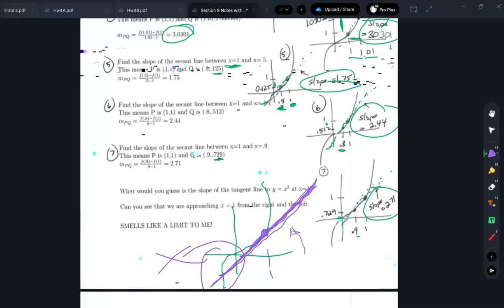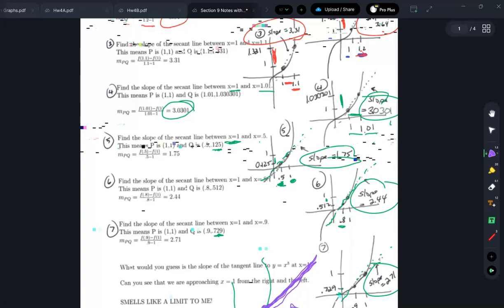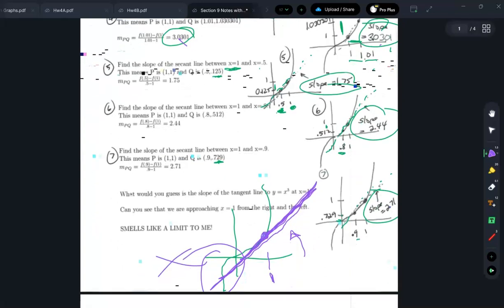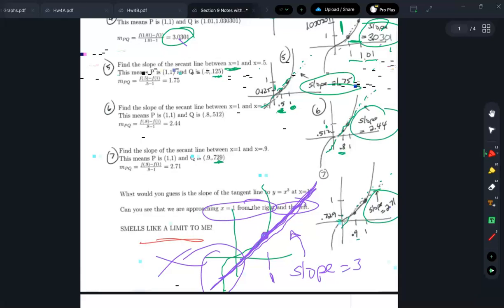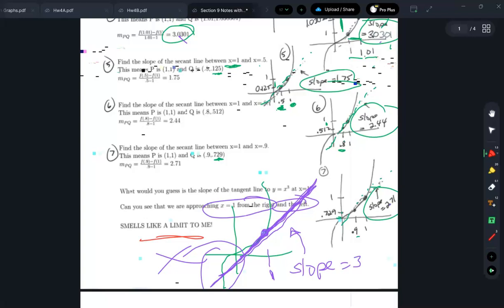The slope of this line, the line that's tangent to the curve at x equal 1, since these numbers are getting close to 3 and these numbers are getting close to 3, I would guess that the slope of that line is 3. And since we were approaching from the right and the left, you know that sounds like a limit. And so that's how we're going to get this next definition of the derivative.